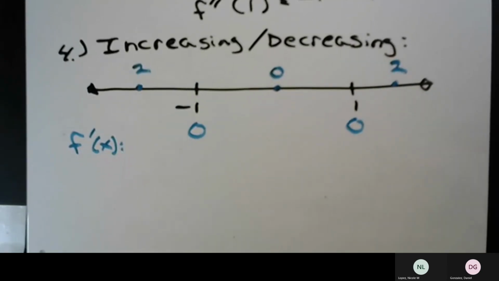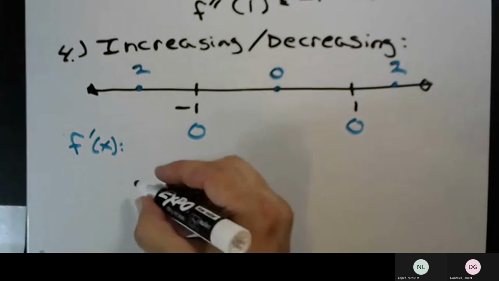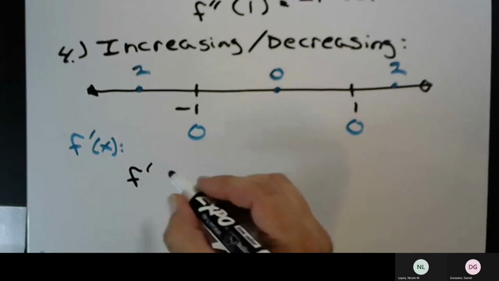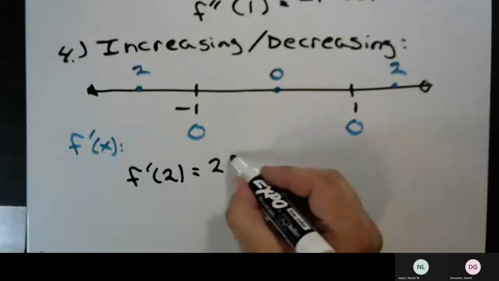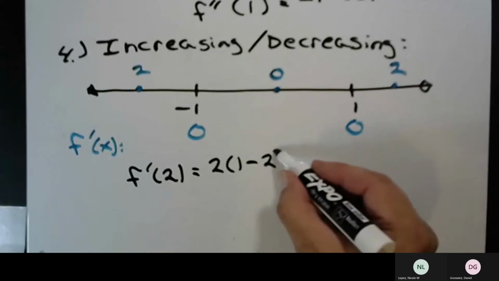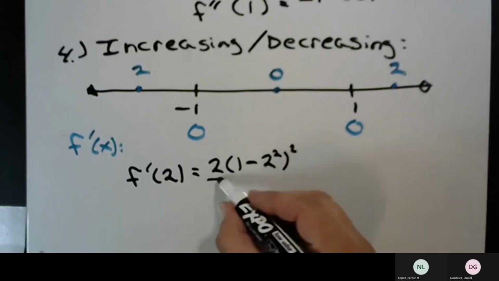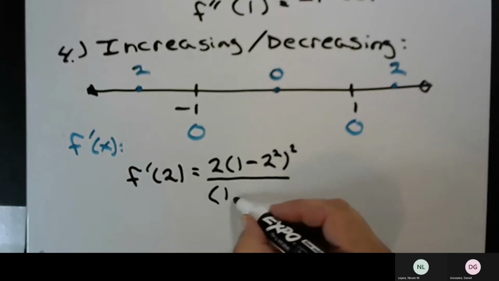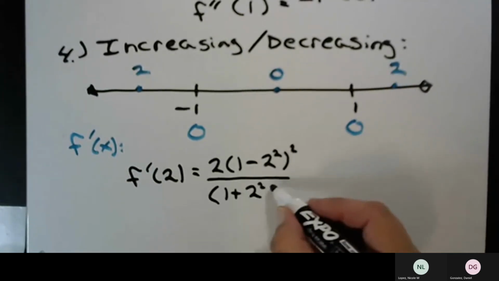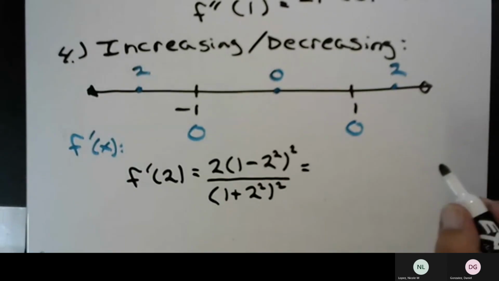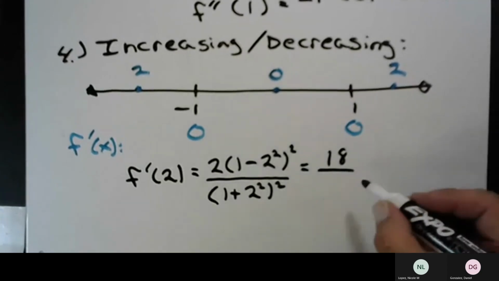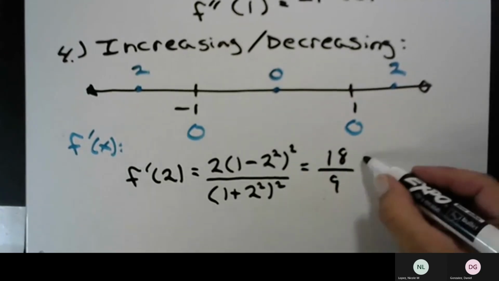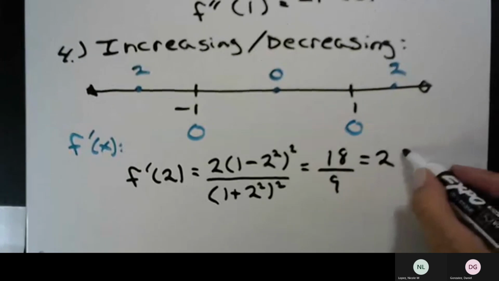And if we take a look at f prime of 2, what we're going to get, let me pull up my function here: 2 times (1 minus 2 squared) over (1 plus 2 squared). So we'll get -3 squared is 9. We'll get 18 over 9, and that's going to be 2, which is greater than 0.